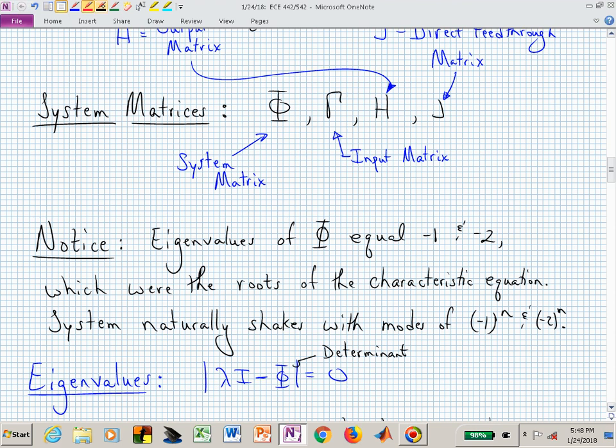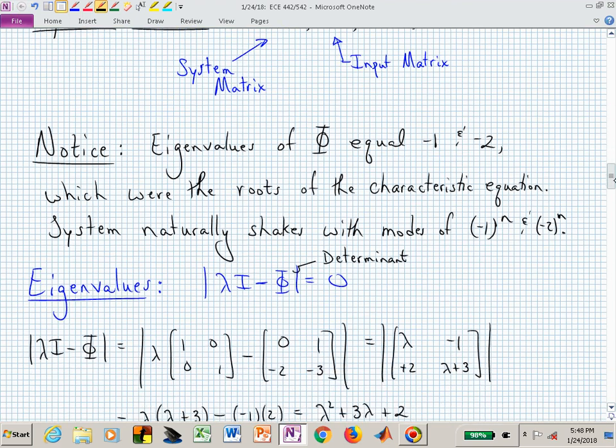Or what are its dimensions? Yes. It has to be the same dimension as the system matrix, and our system matrix is always square. It's always the same number of rows as columns, which is nice because the identity matrix is always square. And I, in this case, is a 2 by 2.